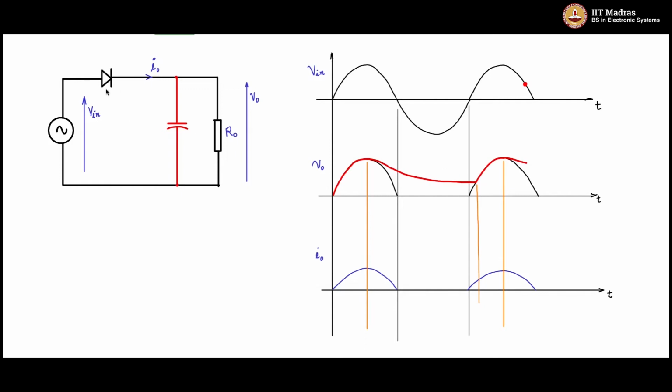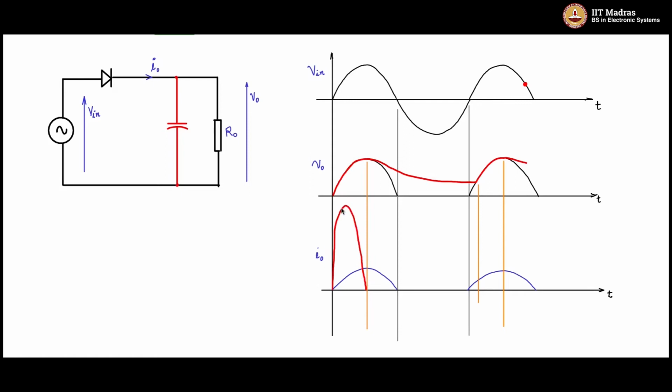So only during that time is there a chance for any current I0 to flow, as we have indicated here, to the combination of the capacitance and R0. So you will see the current flow only during this portion.